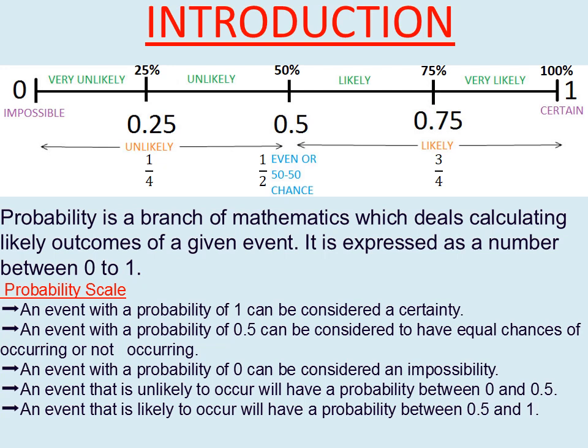An event with a probability of 0 can be considered an impossibility. An event that is unlikely to occur will have a probability between 0 and 0.5. An event that is likely to occur will have a probability between 0.5 and 1.